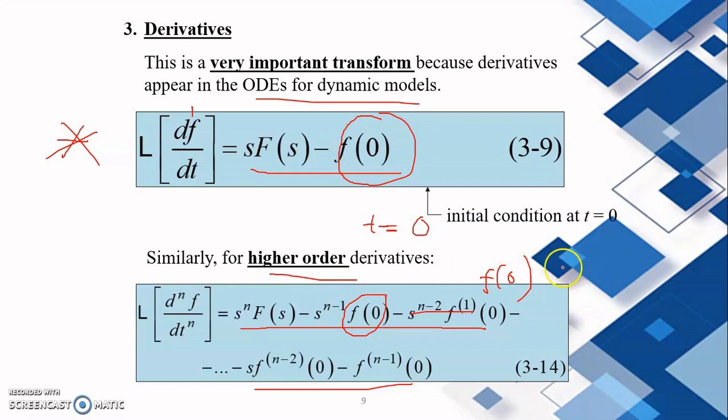If n equals 2, we stop here. So this is how we write the expression for higher order derivatives. We have to consider the initial conditions at time equal to 0.